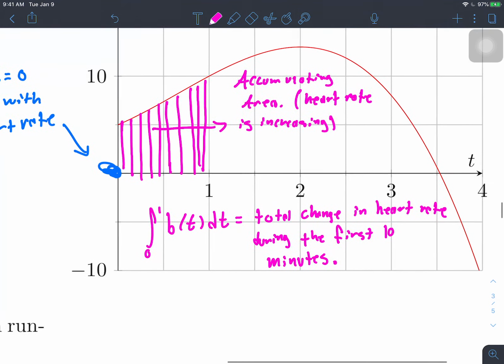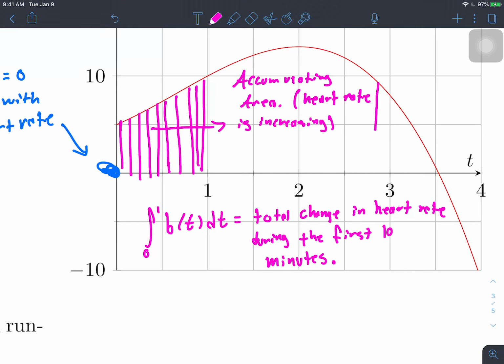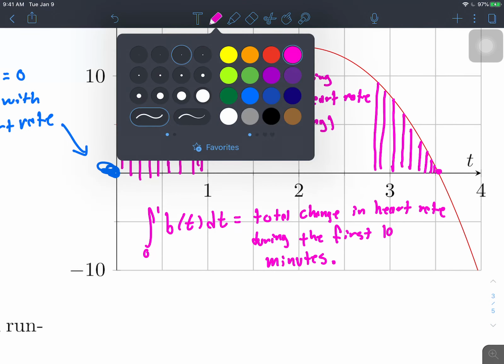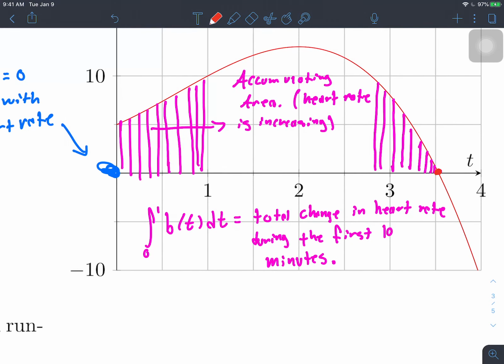And we continue to accumulate area up until this point right here, where we cross the t-axis.